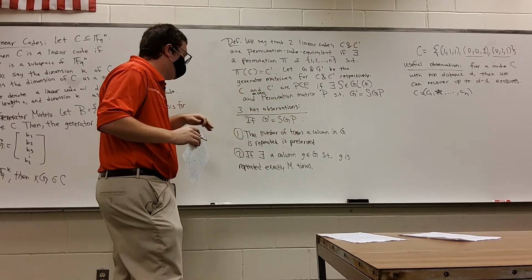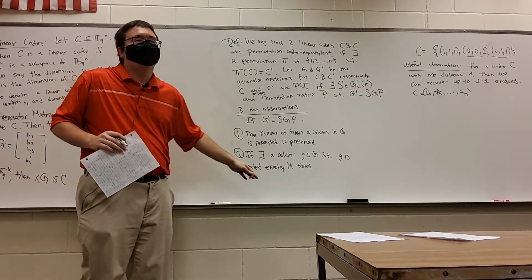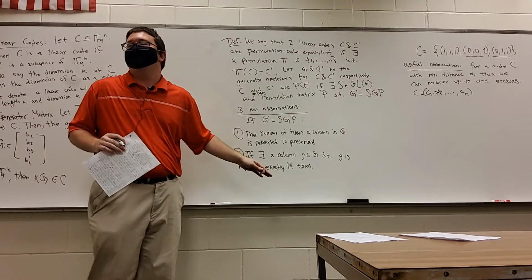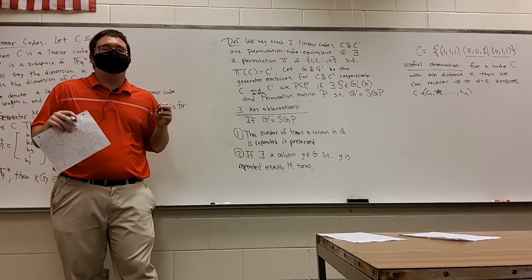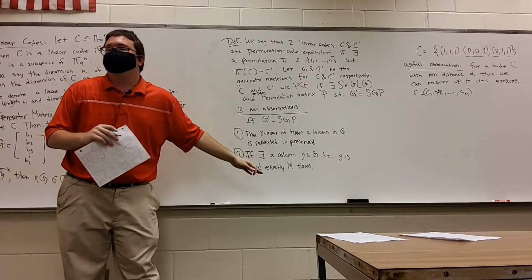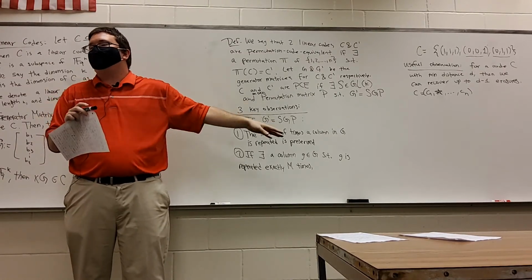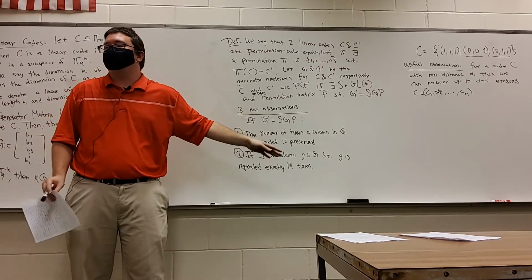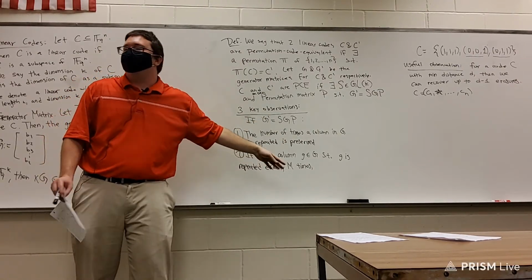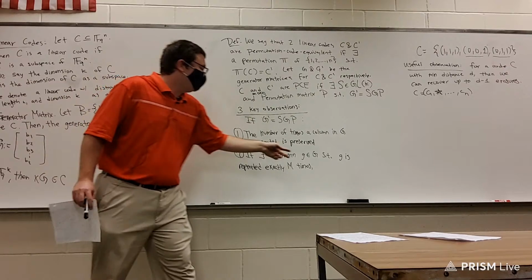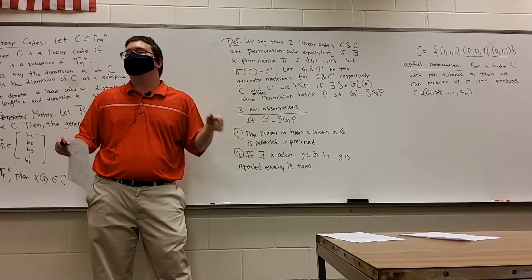The second one says, if there is a column of G that is repeated exactly m times, and it's the only column in G that is repeated exactly m times, then there exists a unique set in G prime of m repeated columns that these repeated columns of G have to get mapped to.